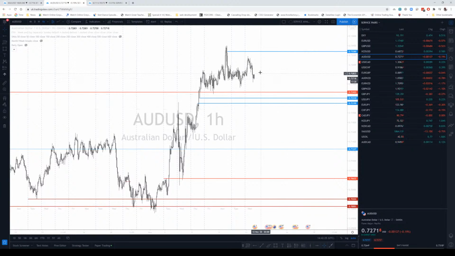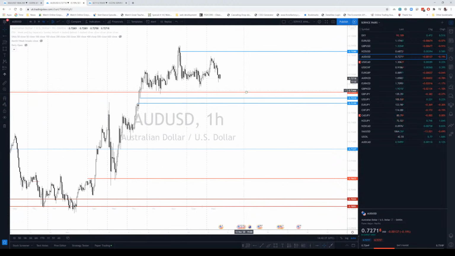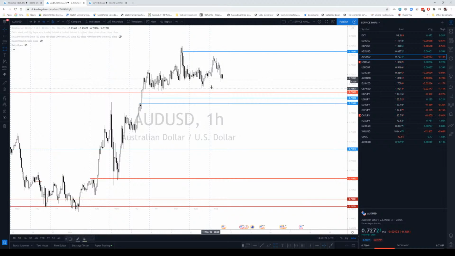Okay, so Aussie dollar, you can look for a sell in here as a breaker as is happening right now. Okay, sell this down candle, stop above this high.